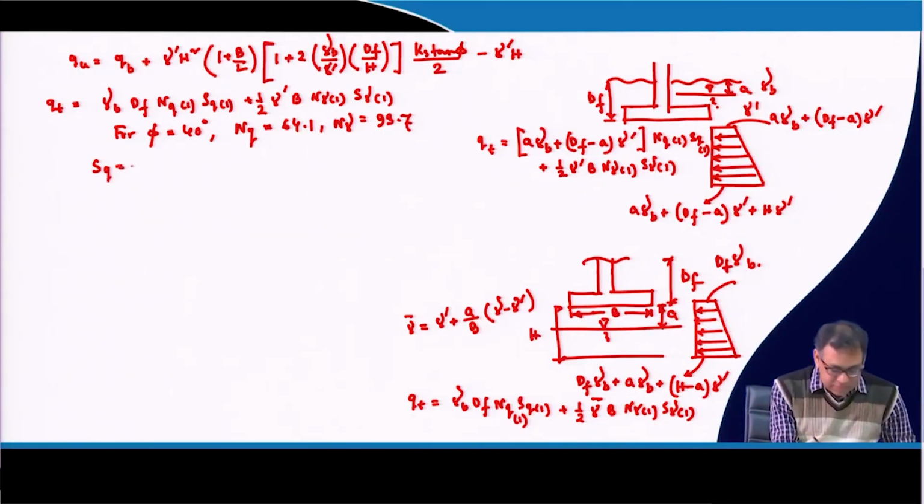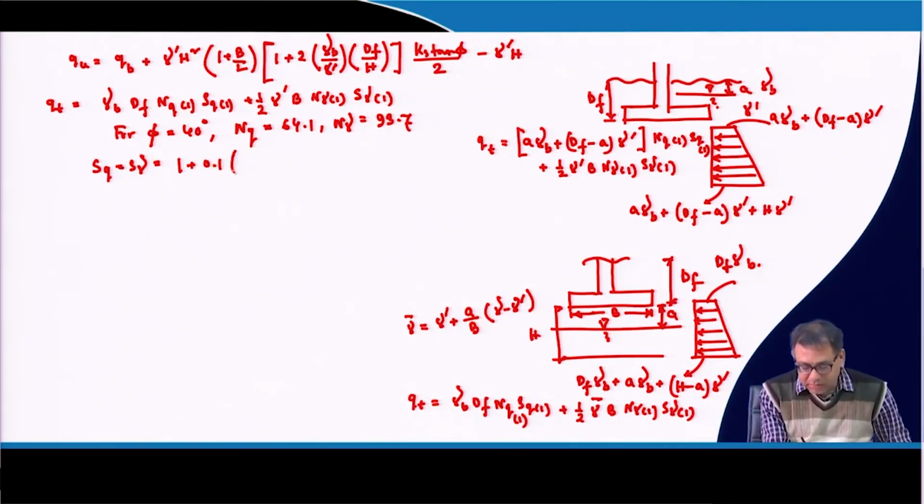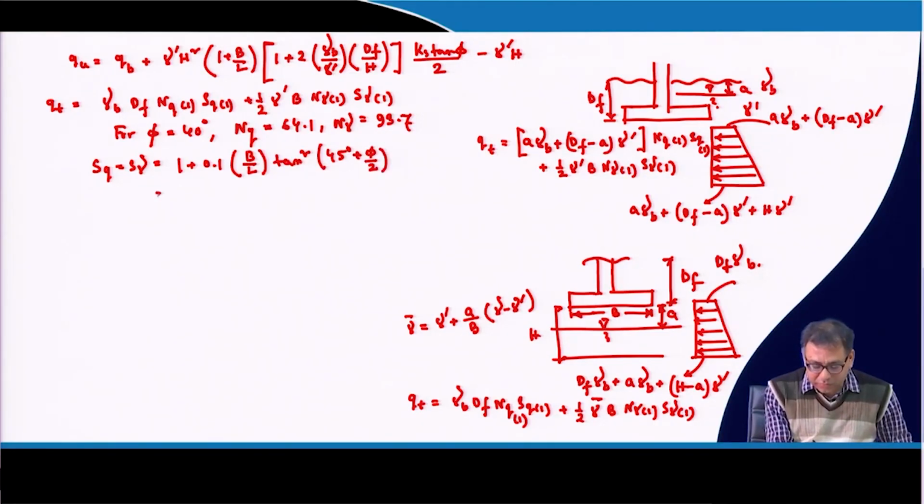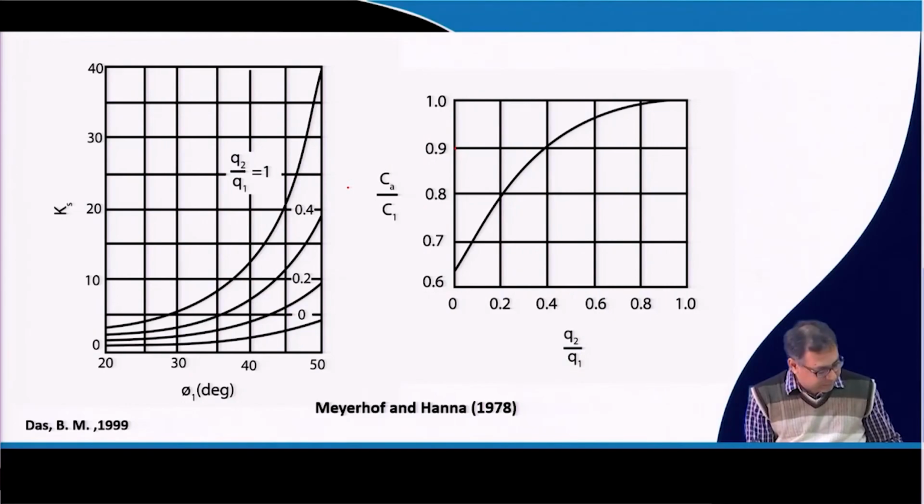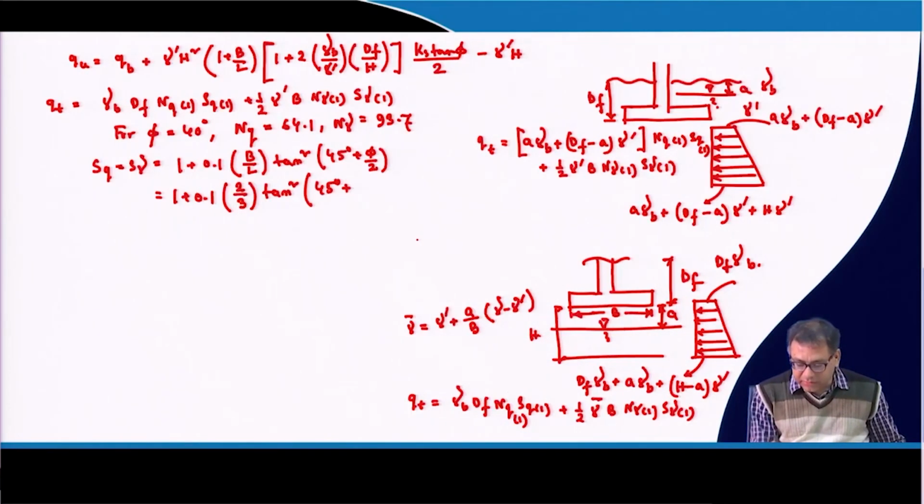So Sq and S gamma will be 1 plus 0.1 B divided by L into tan square of 45 degree plus phi by 2. If I put 1 plus 0.1, B is equal to 2, L is equal to 3, then tan square of 45 degree plus phi, and phi is given 40 degree. So 40 divided by 2 will be 20 degree.